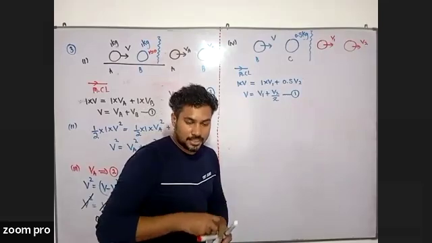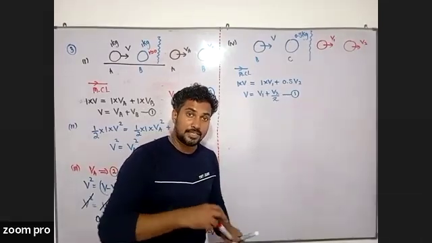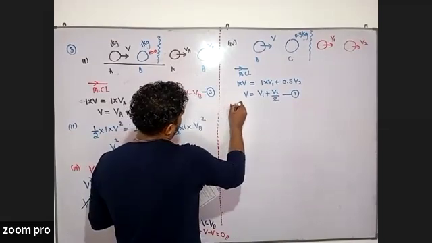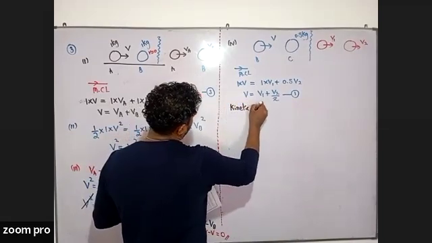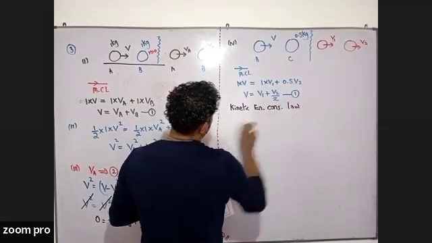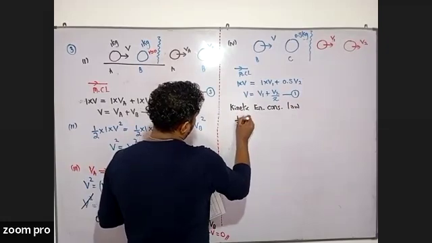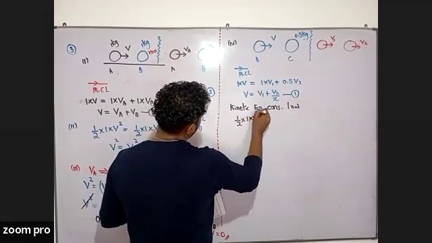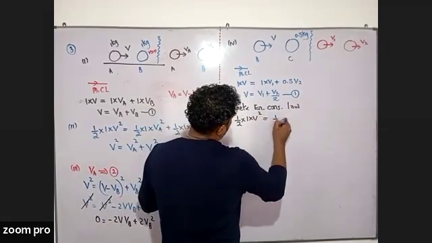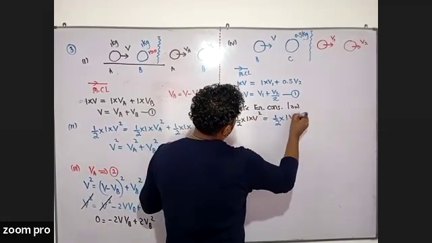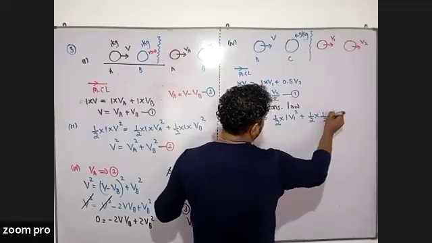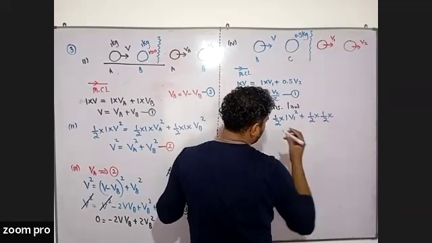So if it is the elastic collision, we can apply the kinetic energy conservation law. Then half into 1 into V squared equals half into 1 into V1 squared plus half into half V2 squared, because the mass of the C object is also 0.5.